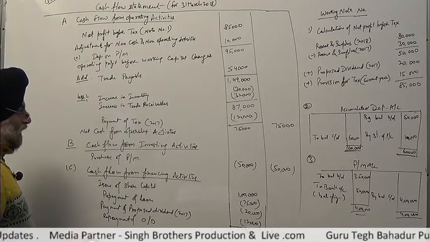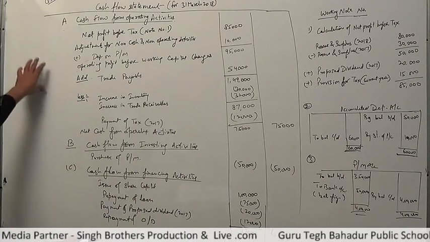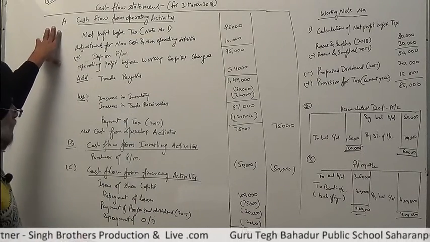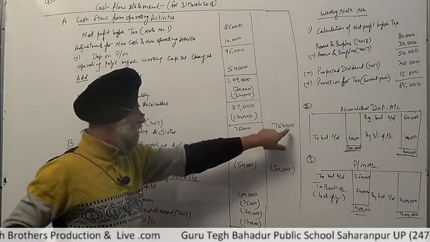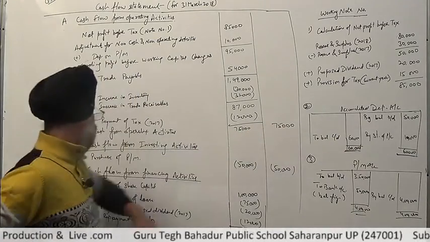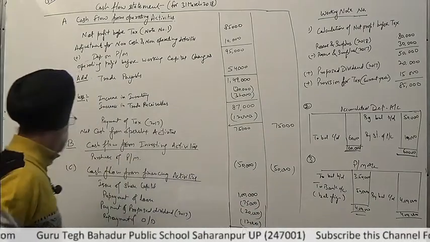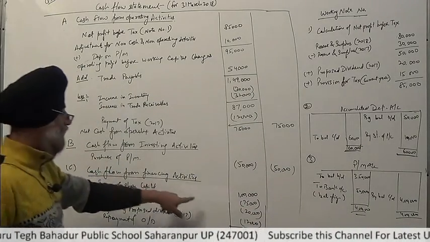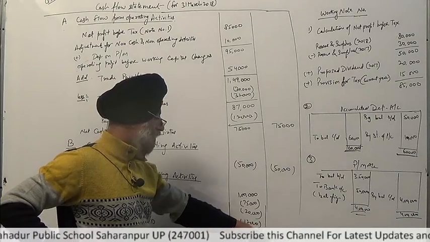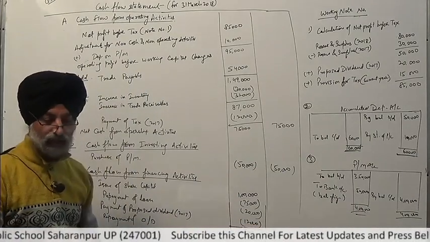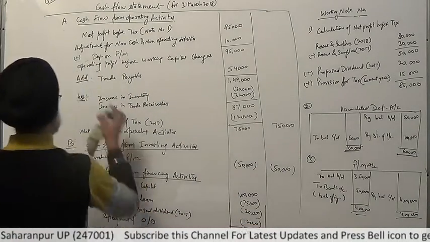Now we have to make the total of these three cash flows. Cash flow from operating activity 75,000, this is cash inflow. Cash flow from investing activities 50,000 cash outflow, and net cash flow from financing activities net 7,000 outflow. Make the total of this.